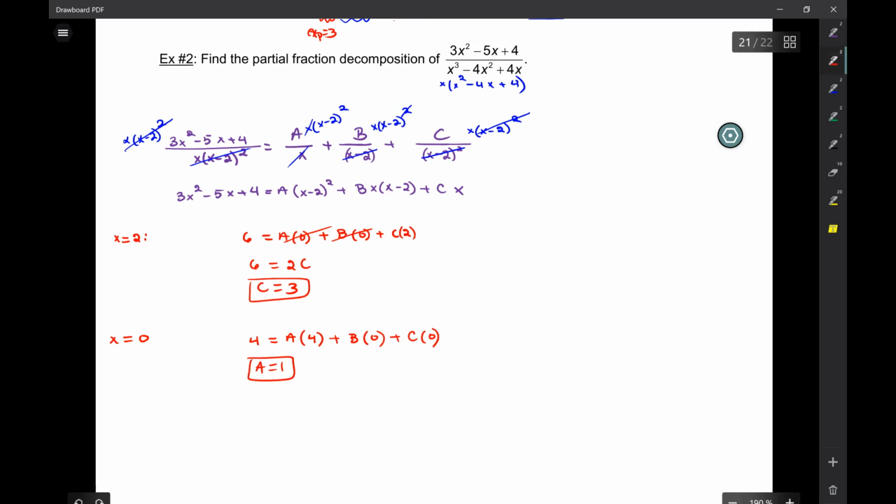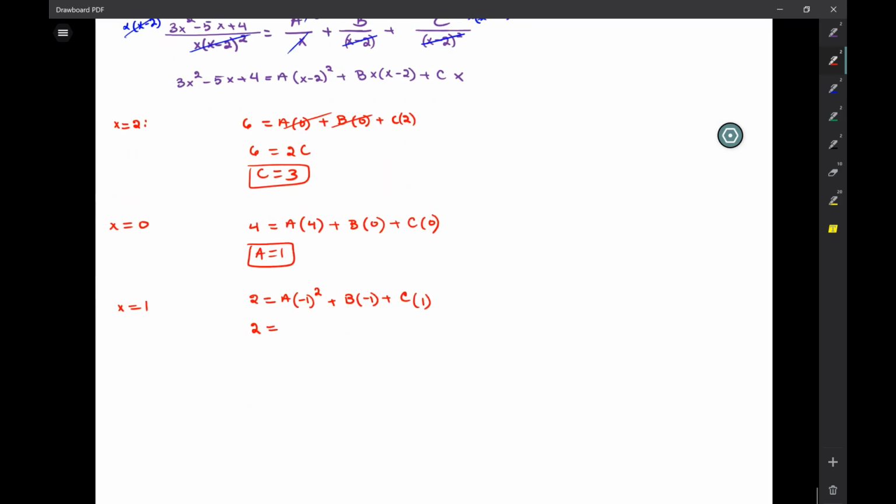So I'm going to plug in 1, just because I've already done the math. So 2 equals A times negative 1 squared plus B times negative 1 plus C times 1. Is 1 the next best option? That's strictly choice. 1 is just an easy enough number that when I square it, I just get 1.